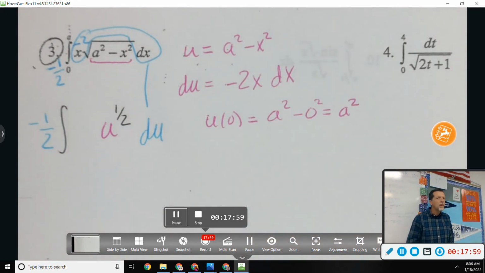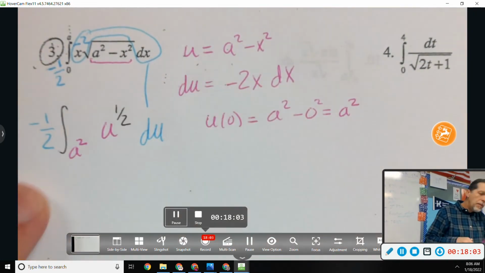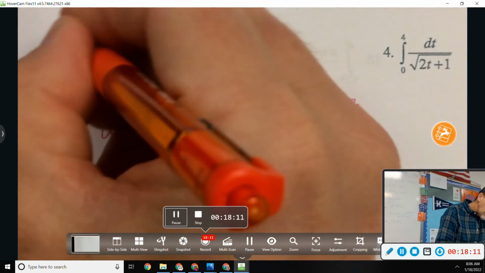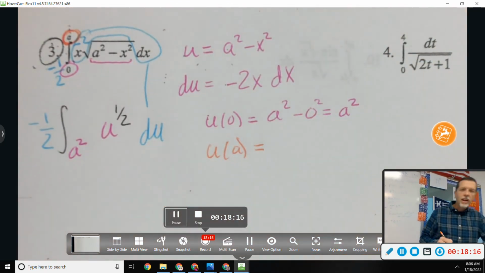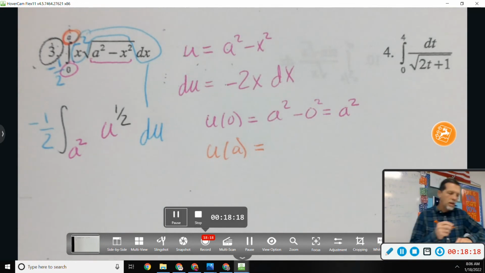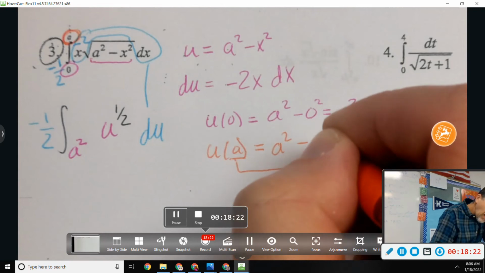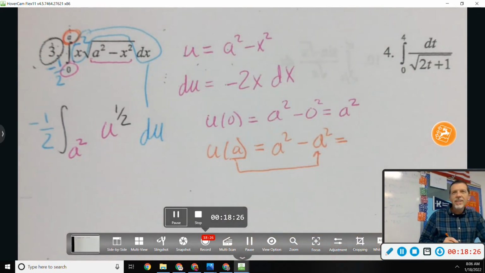That means I'm going to replace the 0 with a squared. And I plug in a. Oh, this kind of gets weird because there's a's already there. But when I plug in this a, what do I get? 0.